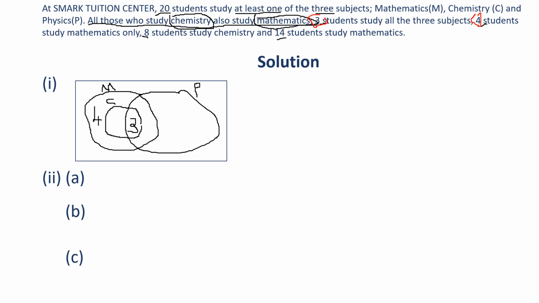Out of the 8 we have 3 already entered here. So the remainder indicates the other part of chemistry. When you subtract 3 from 8, you get 5, so here is where we indicate 5. Under chemistry, 5 plus 3 is 8. So we have managed to enter all the 8 for chemistry.